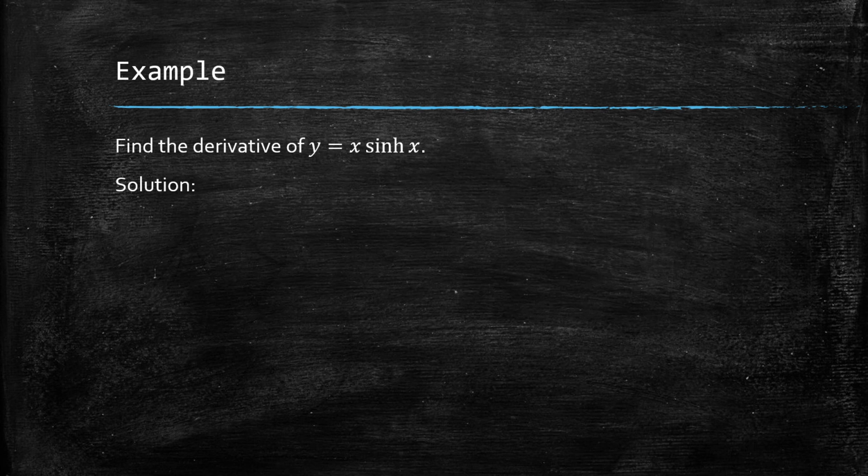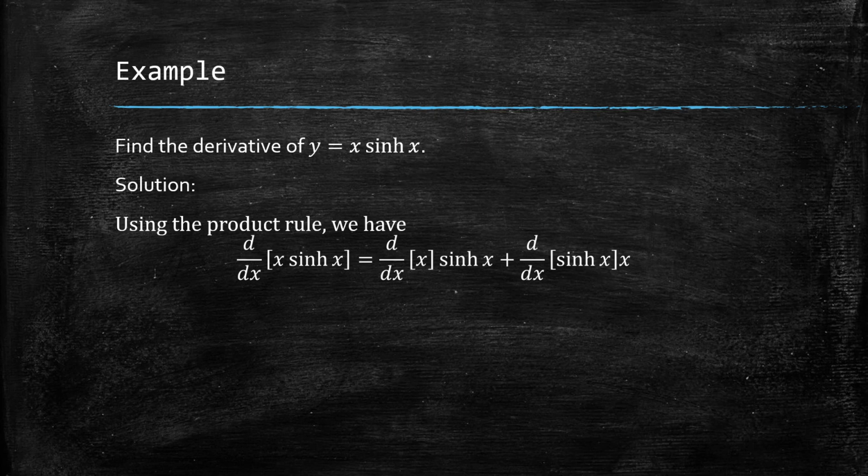Let's look at a couple of examples involving the derivatives of hyperbolic functions. For this first example, you are to find the derivative of y equal to x times the hyperbolic sine function. For the solution, we will use the product rule of the derivatives. This gives us that the derivative of the function would equal the derivative of x times the hyperbolic sine function of x plus the derivative of the hyperbolic sine function of x times x.